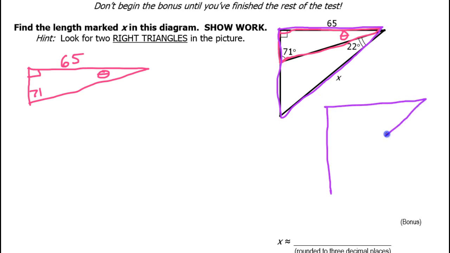There's my 90 degrees, there's the 65 again. This is the x that I'm actually looking for, and once I have the theta, I'll be able to know what this angle right here is. Right now I don't know what this is, but I will know it after I solve for theta. So that's my strategy.